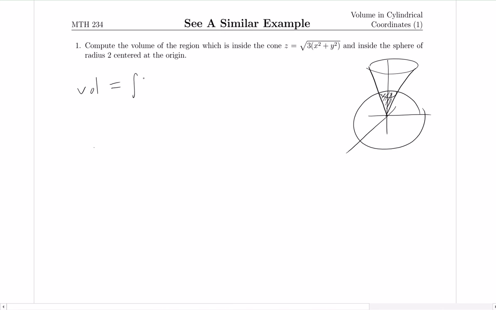So to compute volume, we just integrate the function 1 over the region, and we have to convert this into cylindrical coordinates now. And remember, dV in cylindrical coordinates becomes r dz dr d theta.